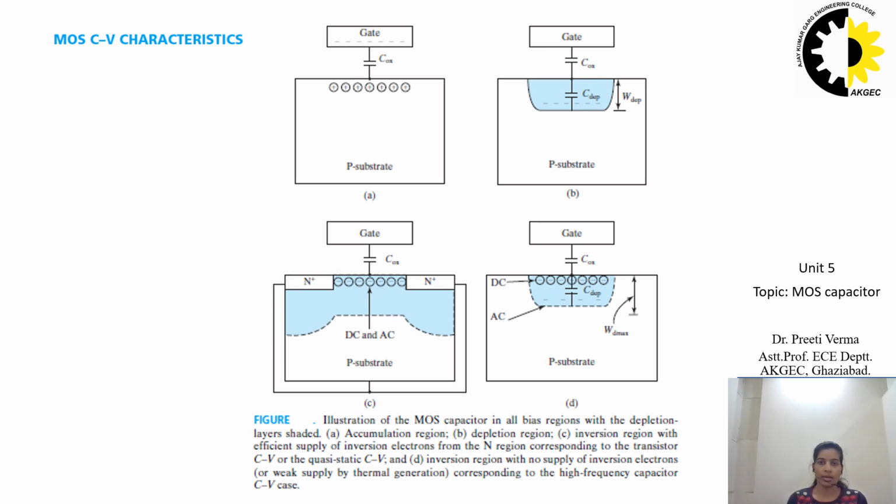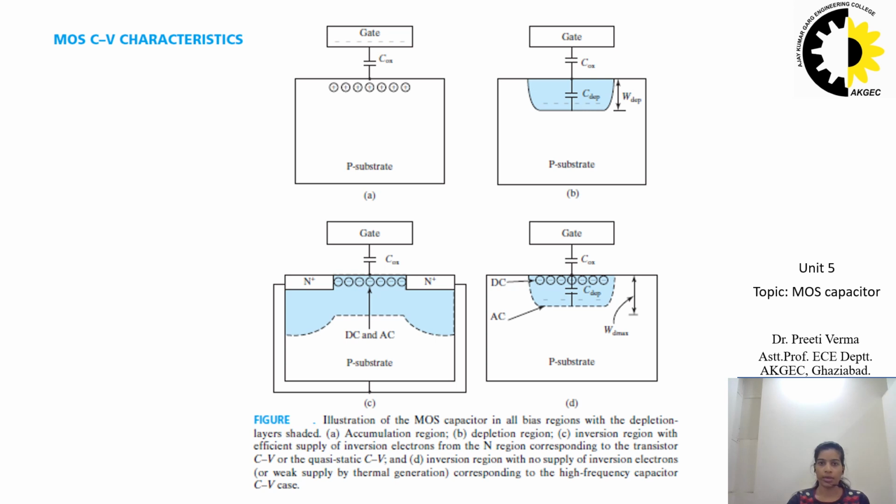That would require a ready source of electrons, which can be provided by the N region as shown in figure C. PN junctions are always present in a MOS transistor. Therefore, the MOS transistor CV characteristics at all frequencies follow the same curve.